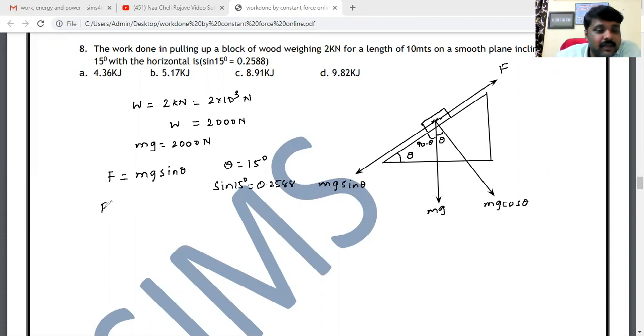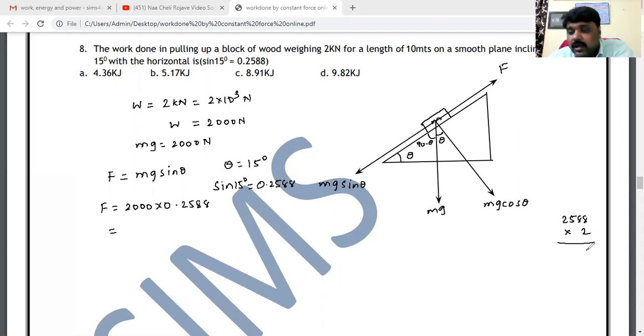Hence F equals mg, it is 2000 into 0.2588. Let us multiply 2588 with 2 here. Then we get 8 twos are 16, 16 plus 1, 17, 5 twos are 10, 2 twos are 4 plus 1, 5. Yes, am I right?